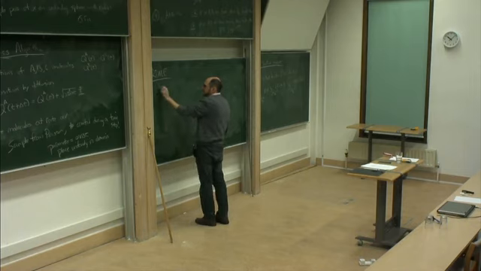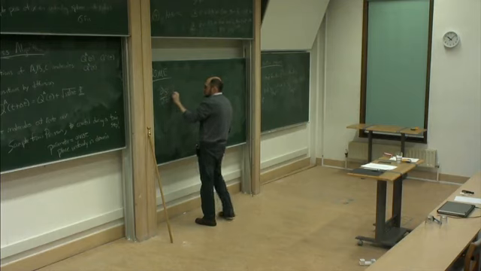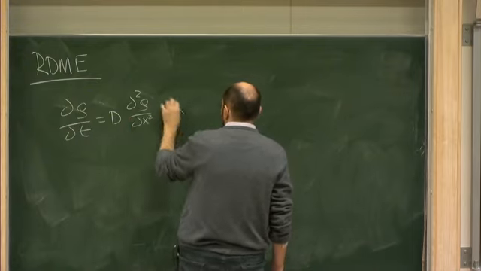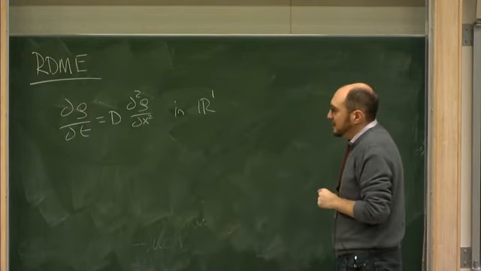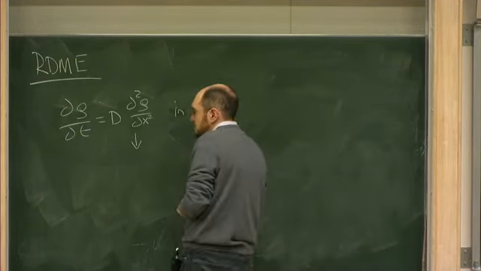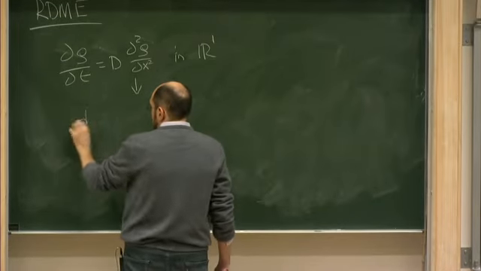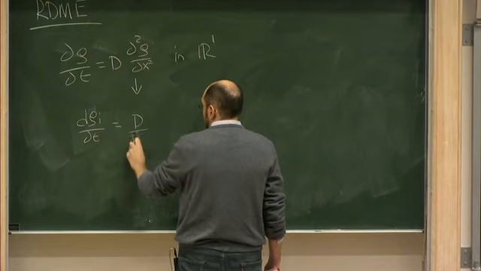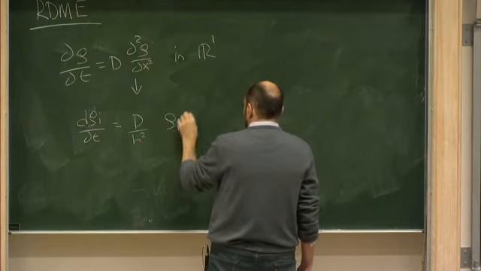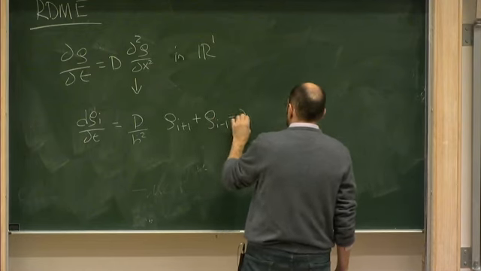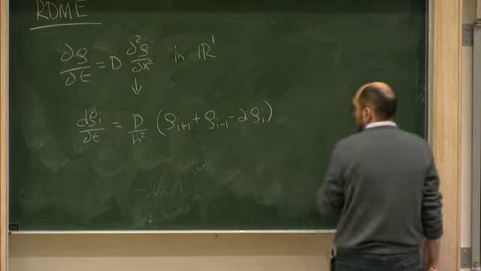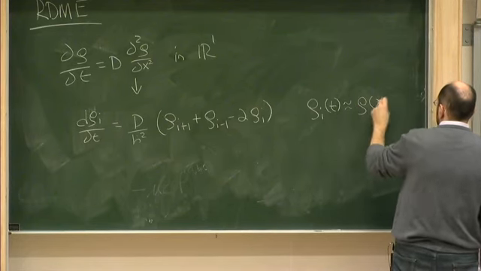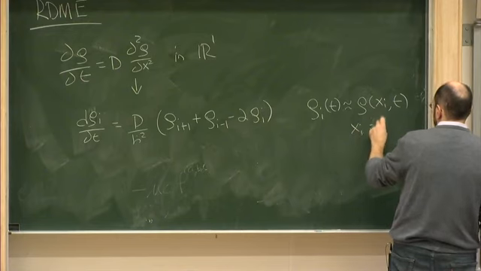If I have just a simple diffusion equation, and let's say in one dimension, then the standard discretization of this would give me d rho_i/dt is D over h squared, rho_{i+1} plus rho_{i-1} minus 2 rho_i, where rho_i(t) is my approximation to rho(x_i, t), and x_i is i h.